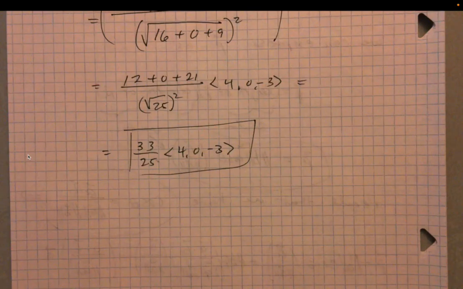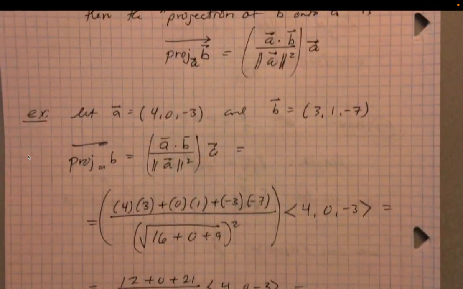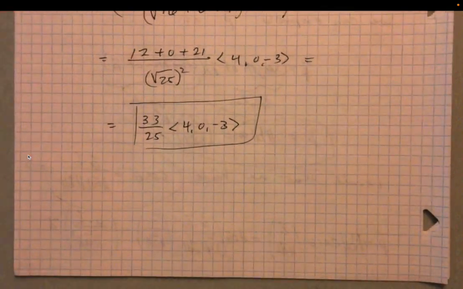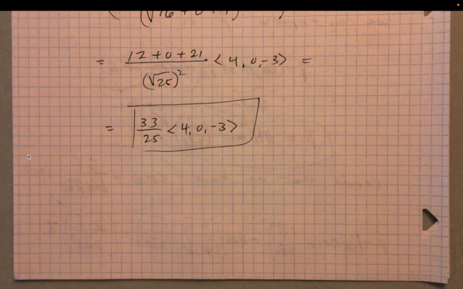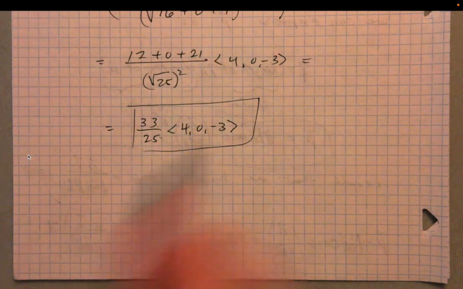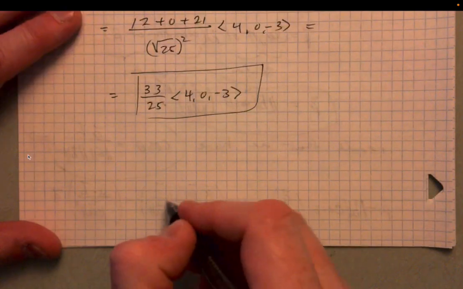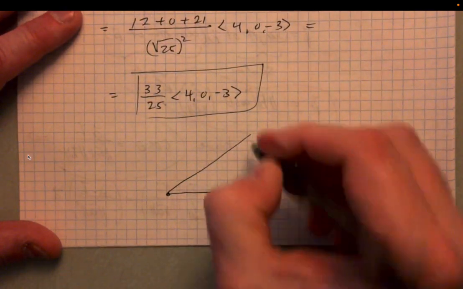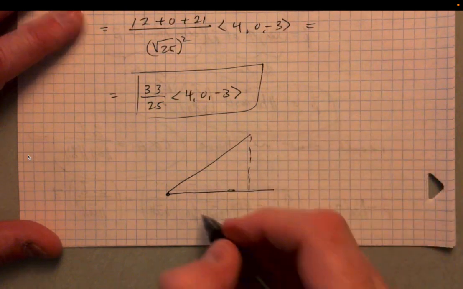Okay, right? So it's a fairly easy thing to calculate, and I think the idea of it is relatively easy. It can be complicated if you let it be, but if you just keep in mind that picture, right? Keep in mind the picture. I've got two vectors, and one of them I drop down.